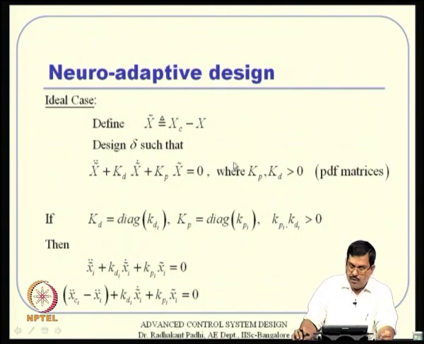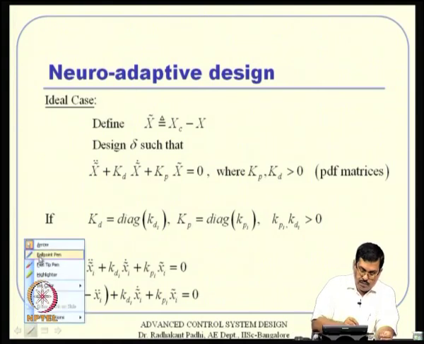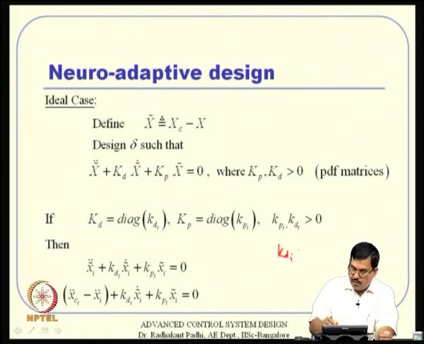Alright. So, one way of selecting k p and k d as positive definite matrices is to select both as diagonal matrices, and you typically select k p i and k d i, the ith elements of the diagonal matrices, to be positive. A typical way to select them is k d i equal to 2 zeta i omega n i, and k p i equal to omega n i square.